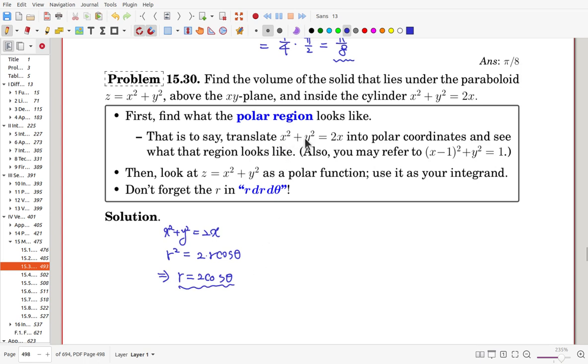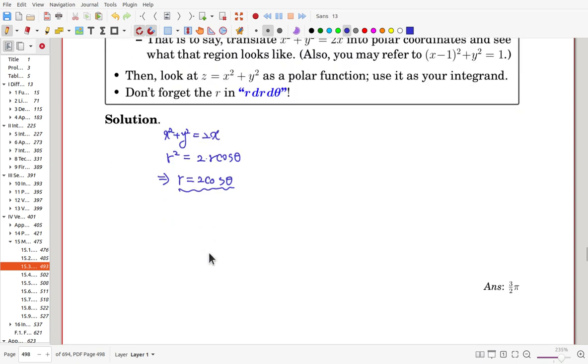This one is the same as that, so if you try to draw this, there will be a circle of radius 1, with the x-axis and y-axis, the center at 1, and of course there's 2, and this is the region.